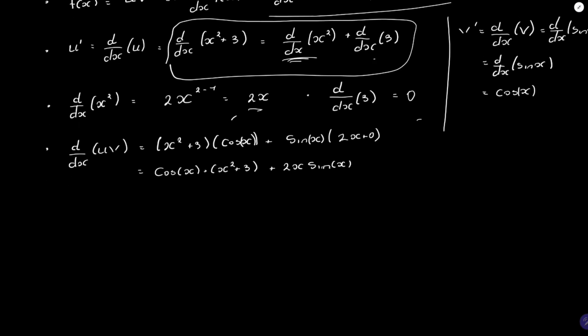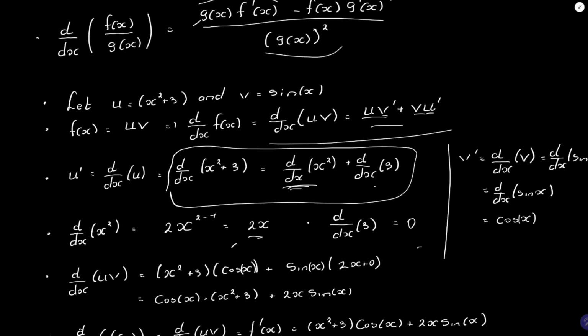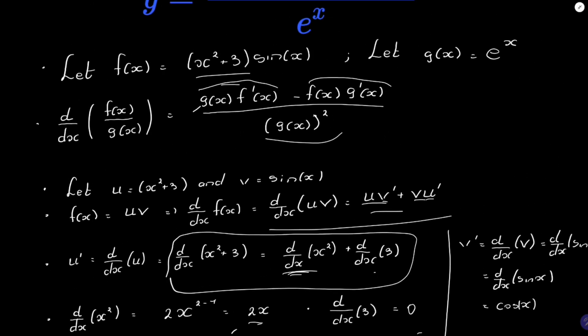So what can we then conclude? Therefore, the derivative with respect to x of our function f of x, which is the derivative with respect to x of uv, which is f prime of x, is equal to x squared plus 3 times cos of x plus 2x sine of x. So we have found our f prime. Now let's move on to g prime of x.